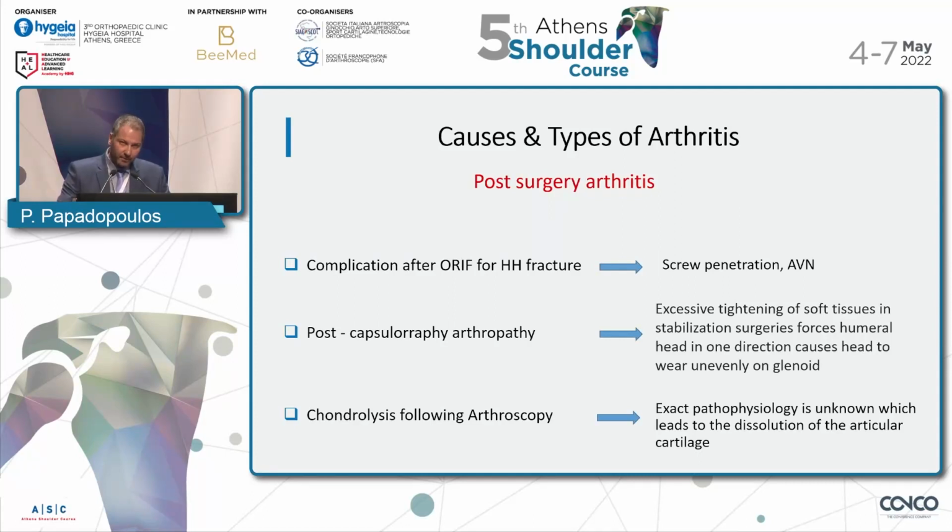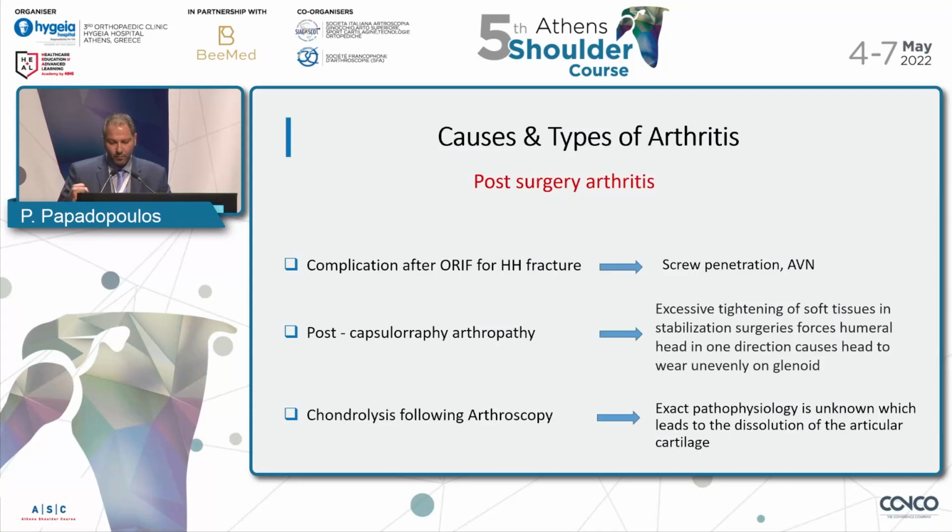So we have also another type of secondary arthritis, which is called post-surgery arthritis, and this is a complication, let's say, after open reduction internal fixation of a humeral head fracture, when you have screw penetration or avascular necrosis. Another type is when we have over-tightening of the soft tissue in stabilization surgeries.